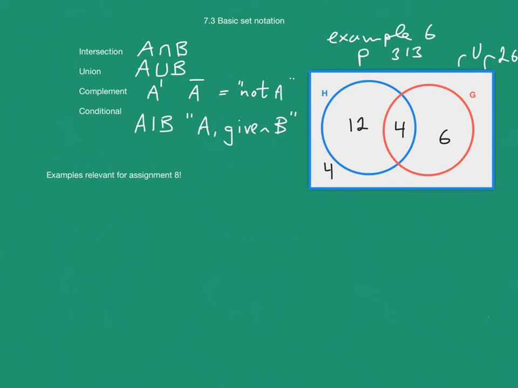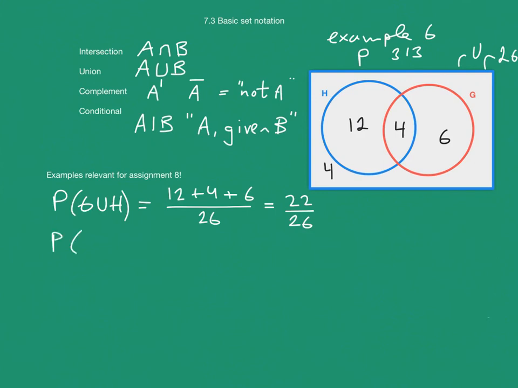And now we want the probability of the union of G and H. And the union of G and H, that's 12 plus 4 plus 6 out of 26. So this is 16 plus 6, 22 out of 26. So that's the probability of the union.